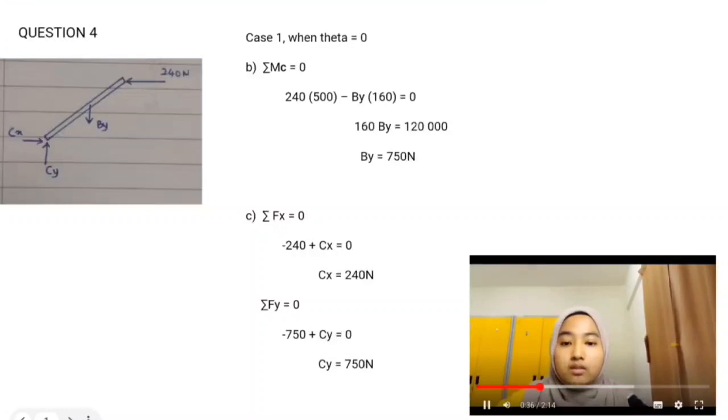For case 1, we want to calculate when theta equals 0. So for B, moment at C equals 0.